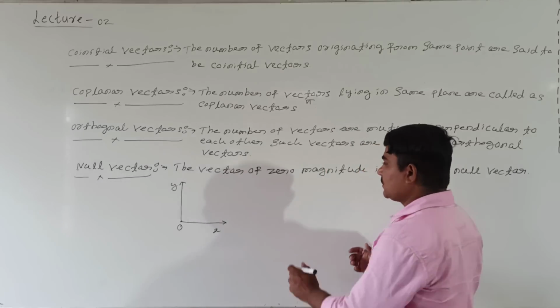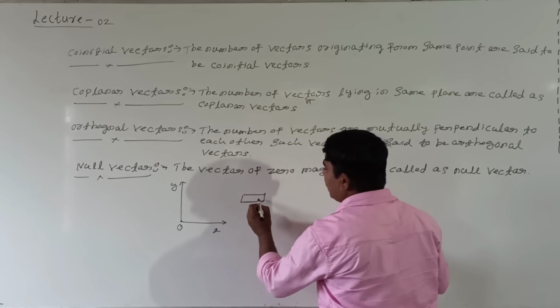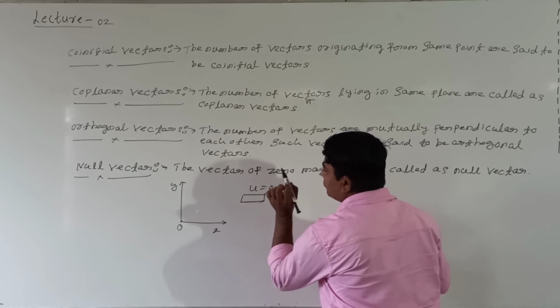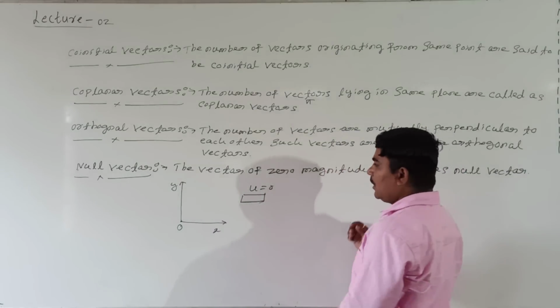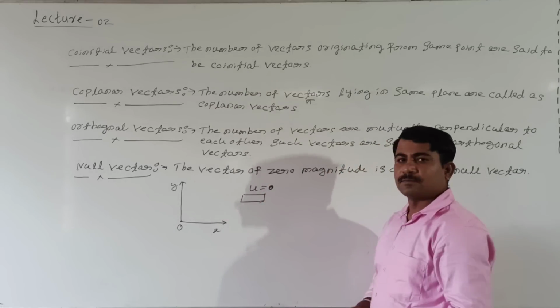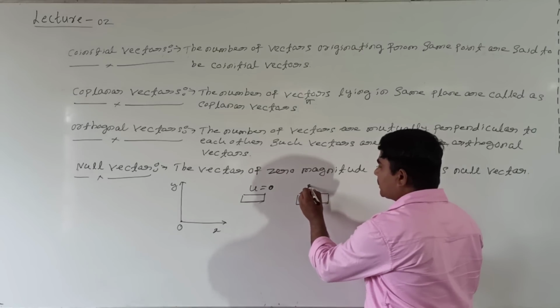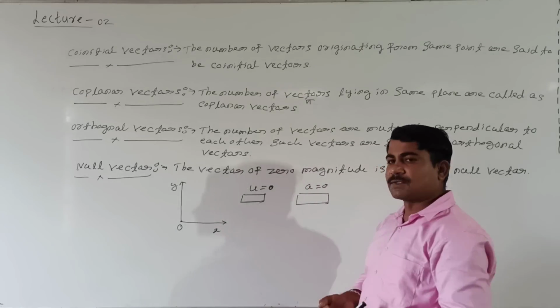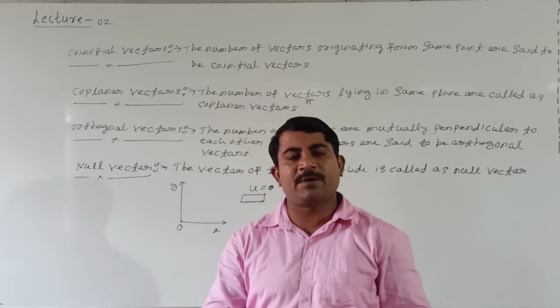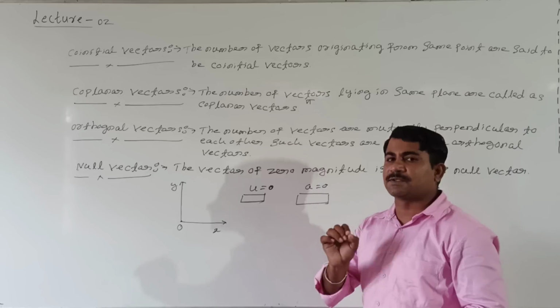For example, this is one particle. This particle is at rest. Rest means its initial velocity is zero. Initial velocity zero means this is a zero vector. Or let us take a particle moving with uniform velocity, acceleration zero. Acceleration zero means it is a zero vector.